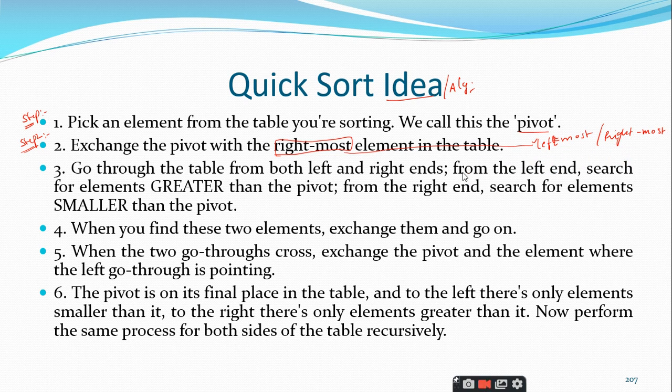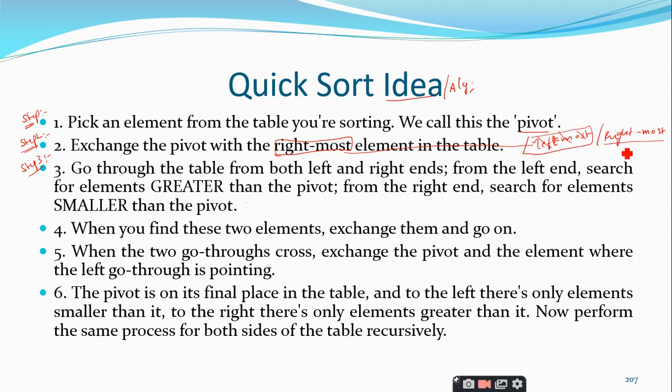Once you exchange the pivot element with the rightmost element, now the actual algorithm comes into existence. The step 3 is very important. Of course, the step 1 and step 2 are also important, but the entire algorithm goes here itself. So, from the given list of unsorted elements excluding the pivot, you have thrown the pivot element to the rightmost, let us consider the rightmost only.